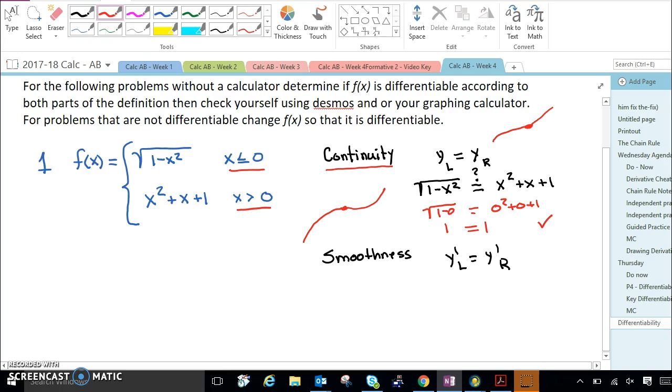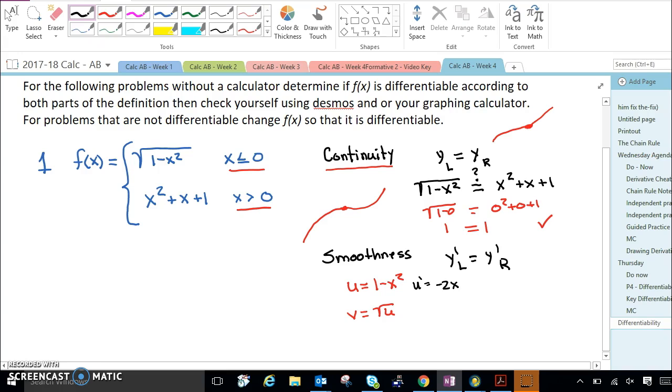For smoothness, we need to take the derivative on both sides. In this first left side, we have u equals 1 minus x squared, and v equals the square root of u. This is a chain rule problem. The derivative u prime is negative 2x.